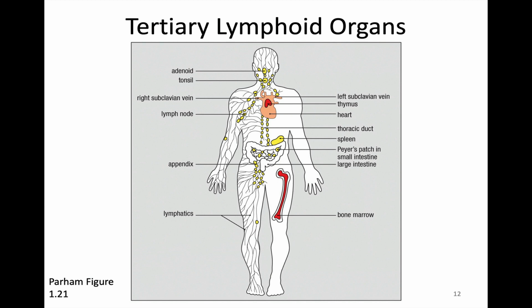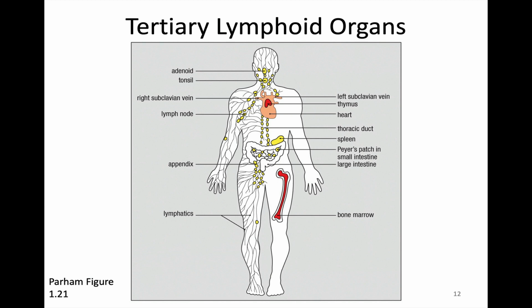And so we finally have to think about this last type of lymphoid organ, which is the tertiary lymphoid organ. I'm going to give you a definition for tertiary lymphoid organs, and then I want you to give me names of organs that you think fit this definition, okay?